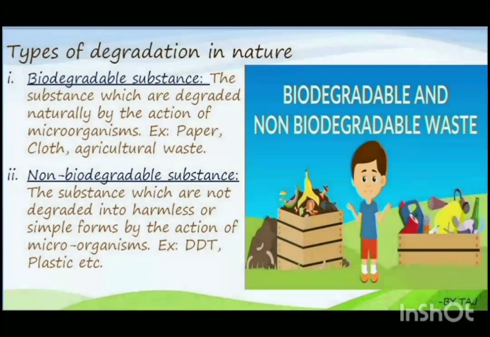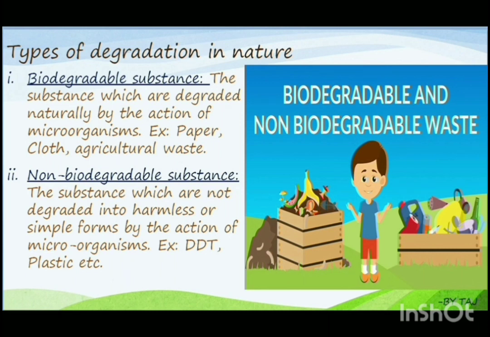So coming to the next very important concept, that is degradation. It is classified into two types: biodegradable substances and non-biodegradable substances. In nature there are two types of substances that can be degraded. So this we call degradation. Biodegradable means, the name itself suggests that bio means living forms.